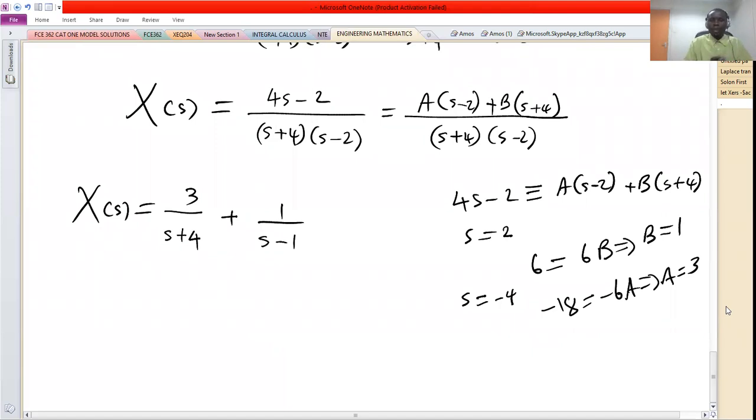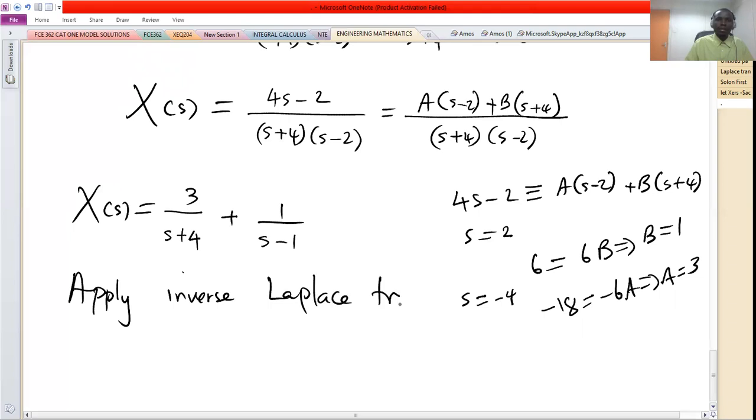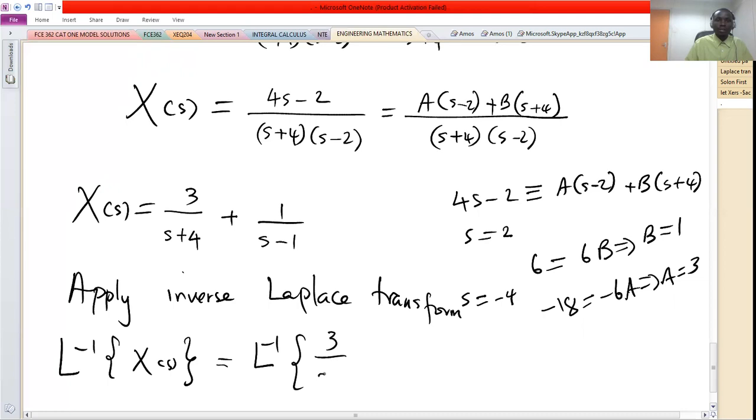So therefore, we apply inverse Laplace transform on this one here, so that we have inverse Laplace of capital X of S equals to inverse Laplace transform of 3 over S plus 4 plus 1 over S minus 2.